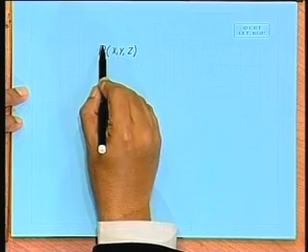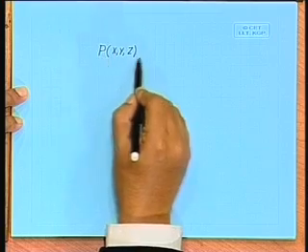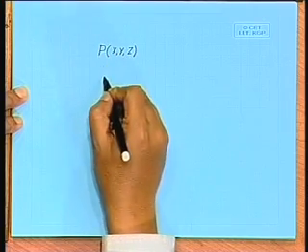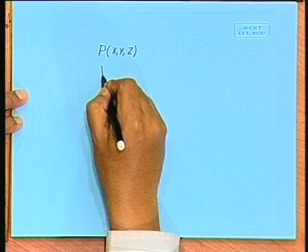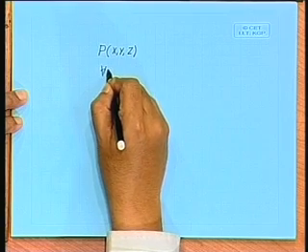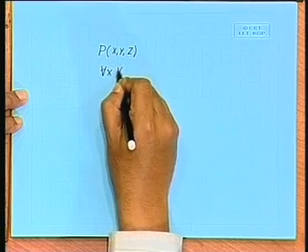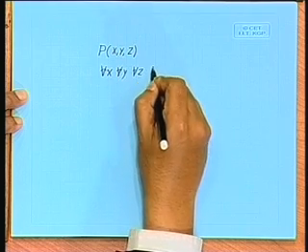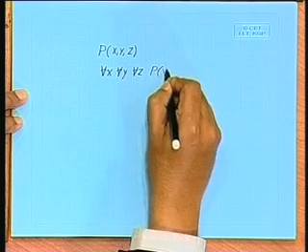Now there is no truth value that we associate with this predicate as such, but we can always say that for all x, for all y, for all z, I have p x y z.